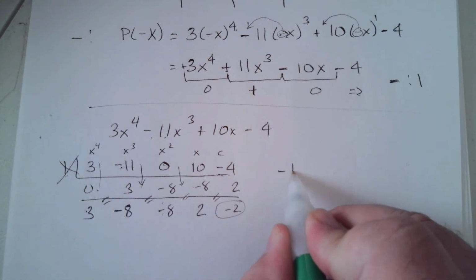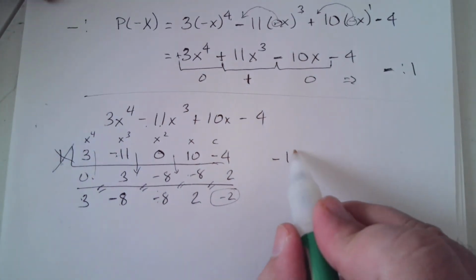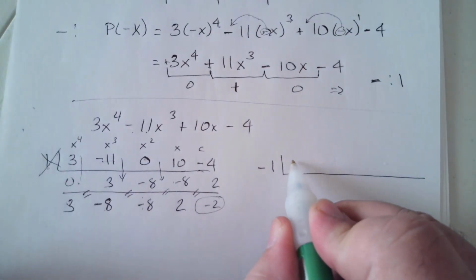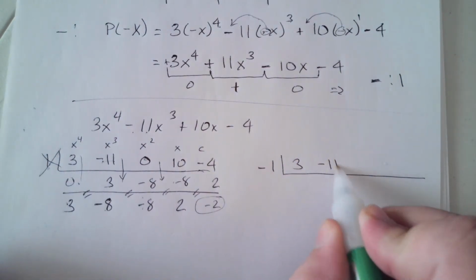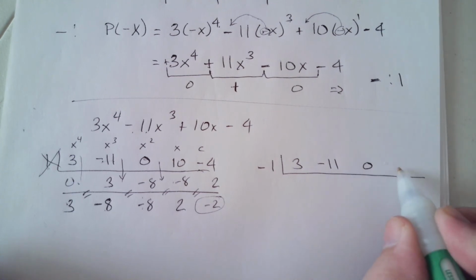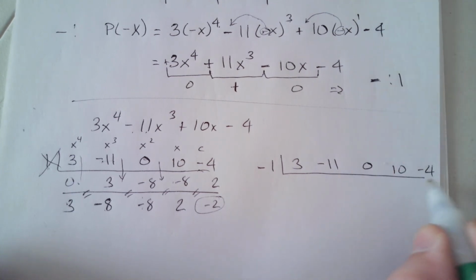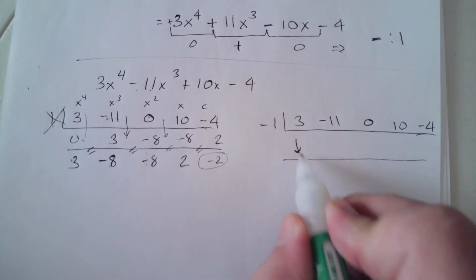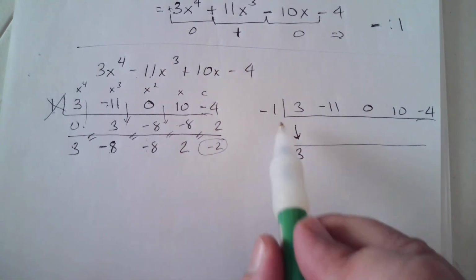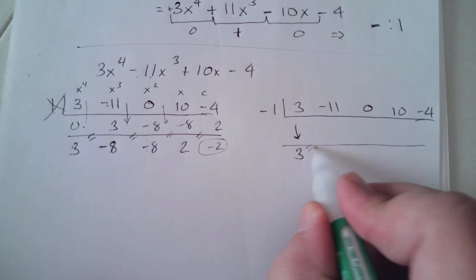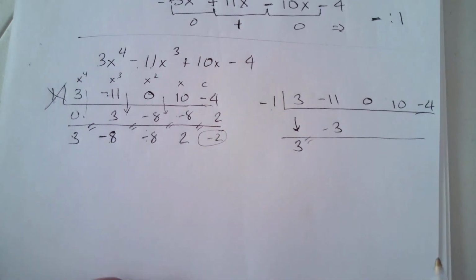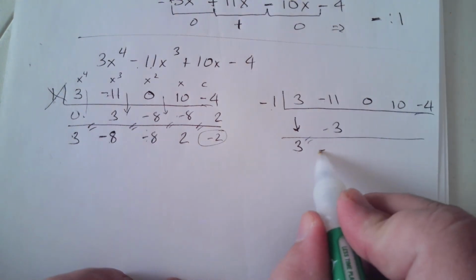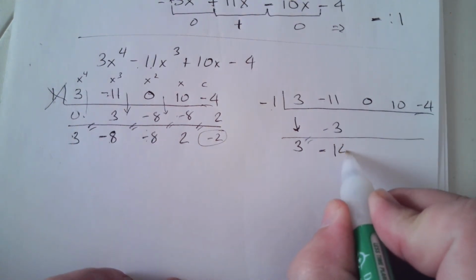So let's try negative 1. The same values. 3, negative 11, 0, 10, negative 4. Bring down the first one. Negative 1 times 3 is negative 3. Add these. Negative, negative, answer is negative. 11 plus 3 is 14.